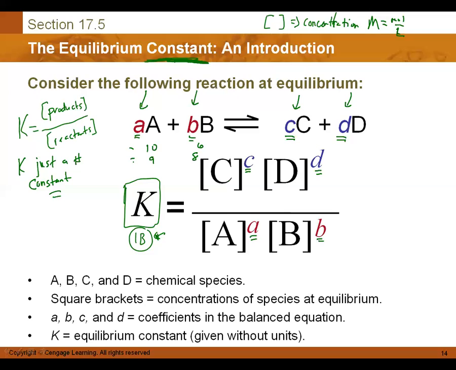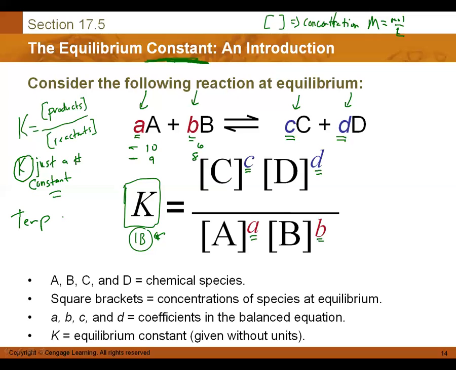The only thing that will actually affect the value of the equilibrium constant is temperature. So you could change the concentration of your reactants and products all you want all day, but if you keep the temperature constant, you will always hit the same K value for that reaction.